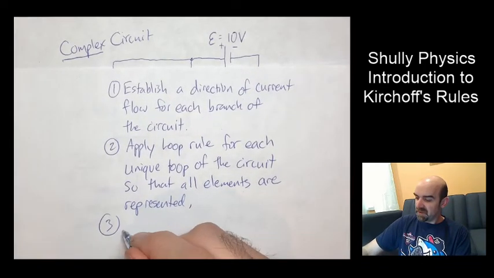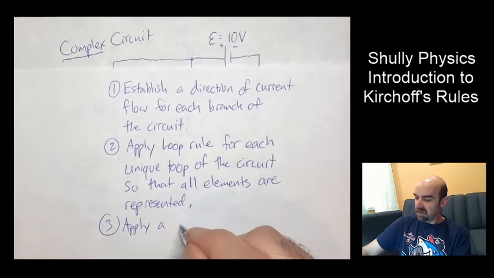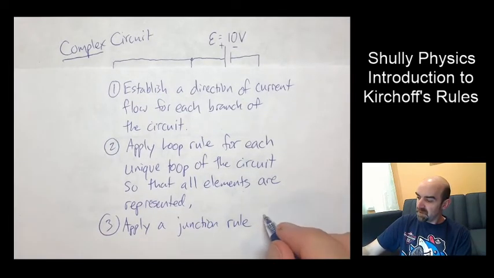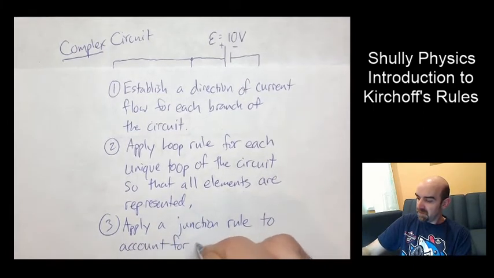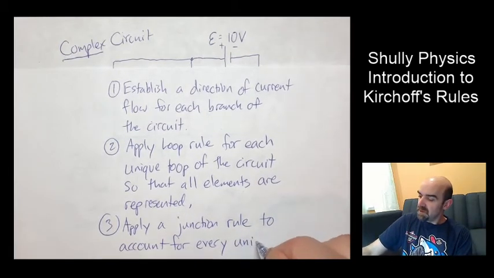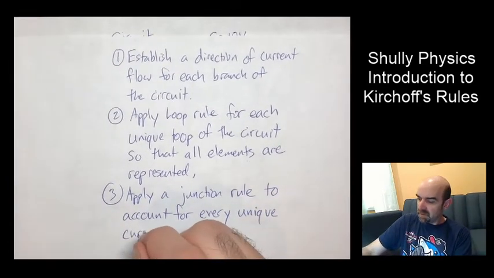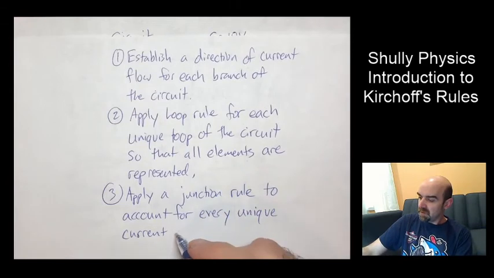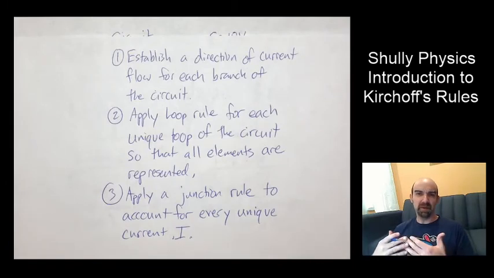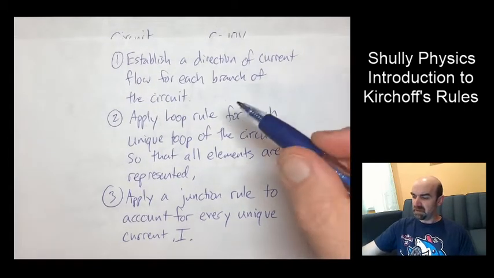Okay, and third, apply the junction rule to account for every unique current, I. Okay, so we're going to be doing some labeling here so we know what I values we're looking for, what currents we're looking for, and what I mean by unique loops.